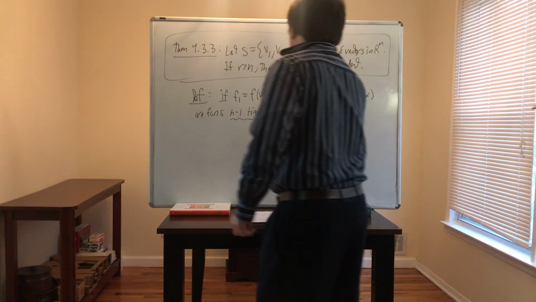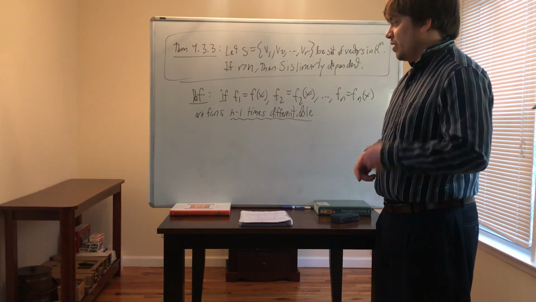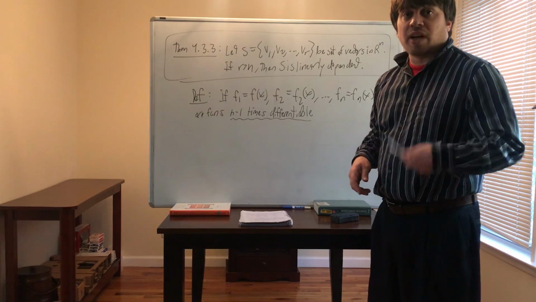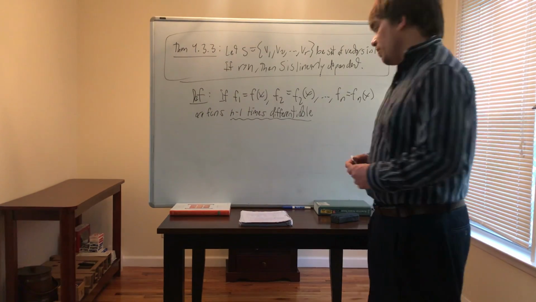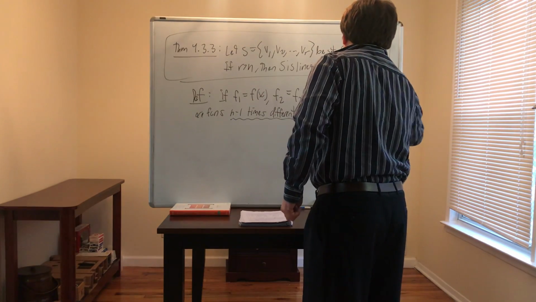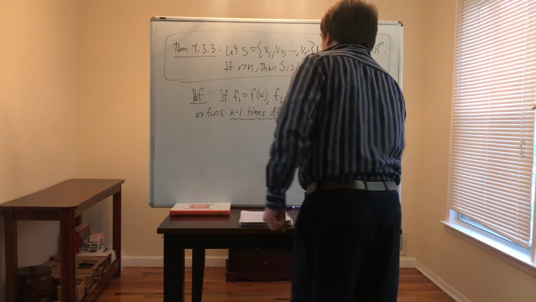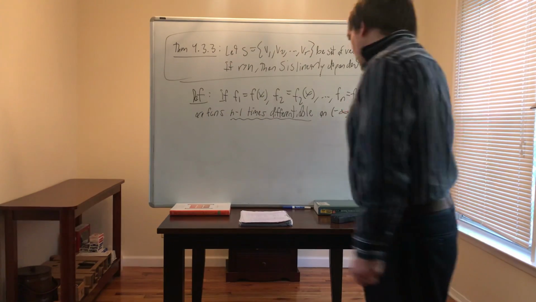N minus 1 times differentiable means that it has a first derivative, second derivative, third derivative, up to and including the n minus first derivative. On the real line, from negative infinity to infinity, the domain of each of these functions is the entire real line.